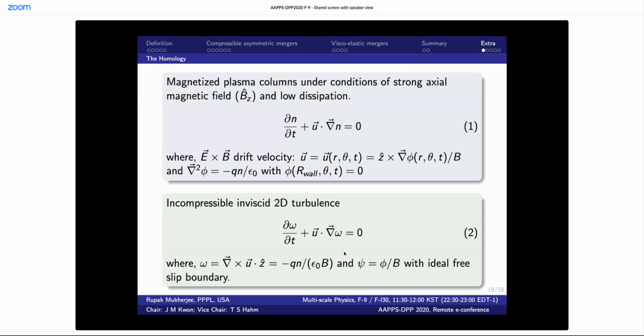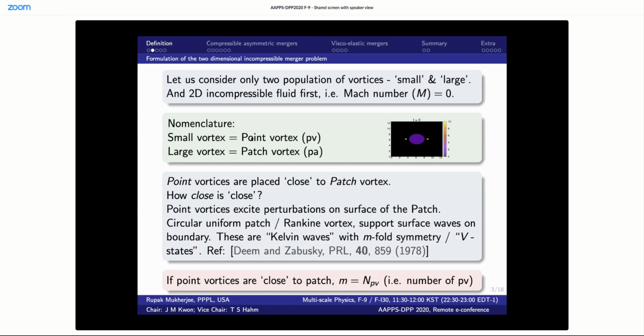With this sort of introduction, let me define the system that I am trying to simulate. First of all, we define two populations of vortices. One we call small, another we call large. So we have only two populations currently. The small vortex will be called a point vortex, even though for numerical purposes we do not consider them as exact points.